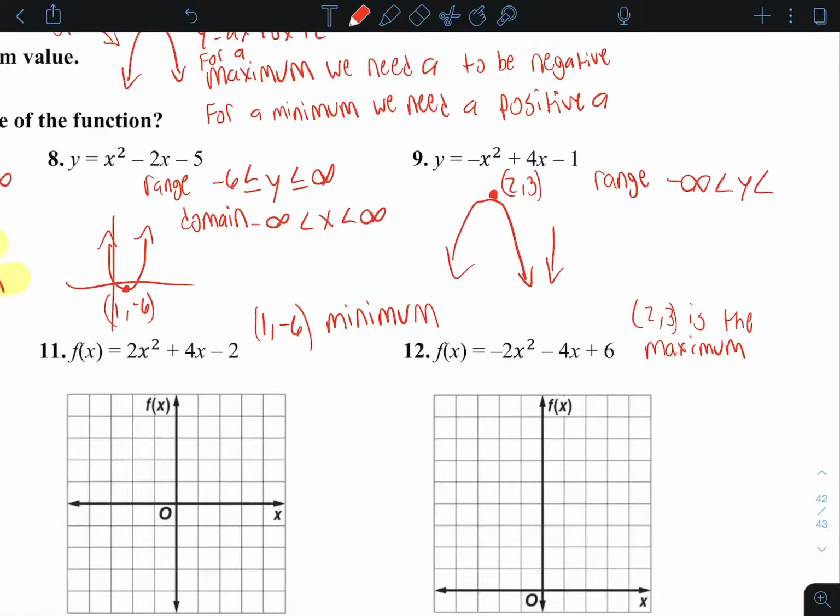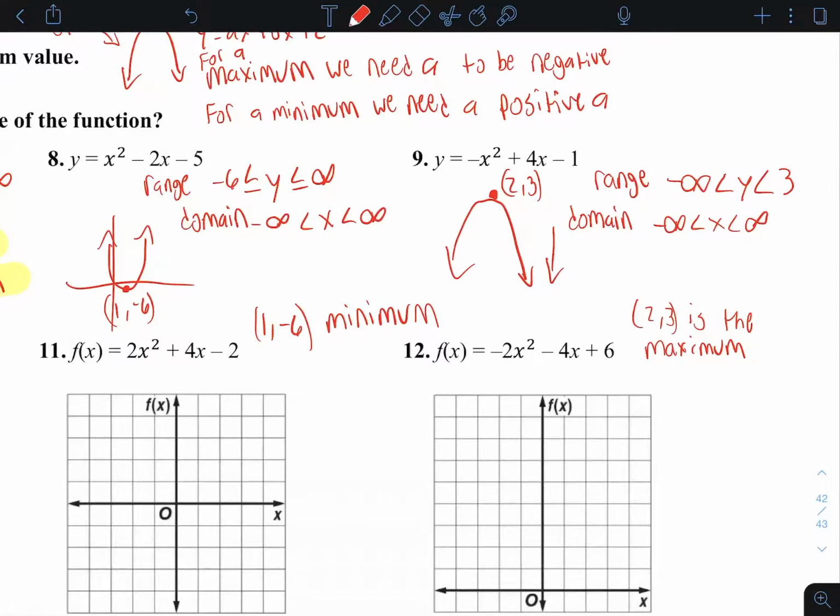That's the smallest y. And the highest y is 3. We're never going to be higher than 3 on this graph. And then the domain has no restrictions. Negative infinity, less than x, less than positive infinity.